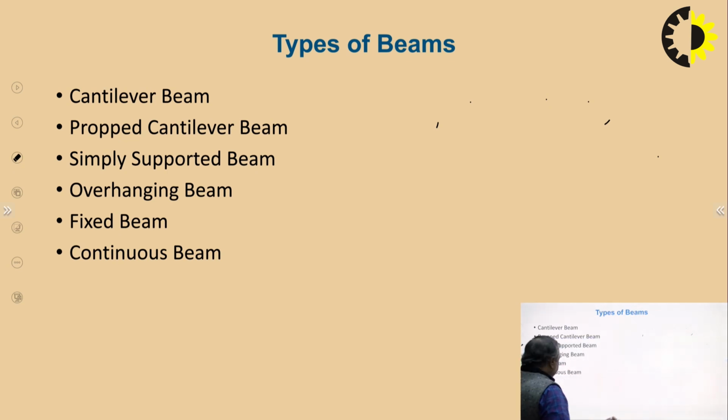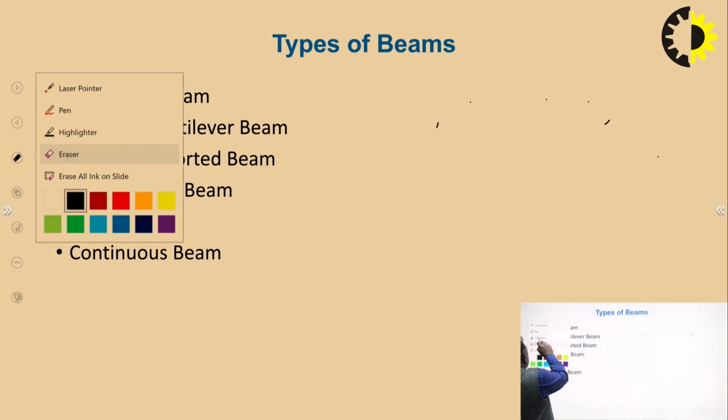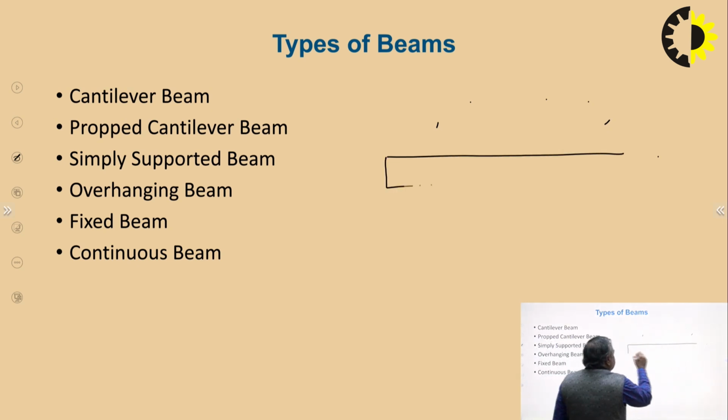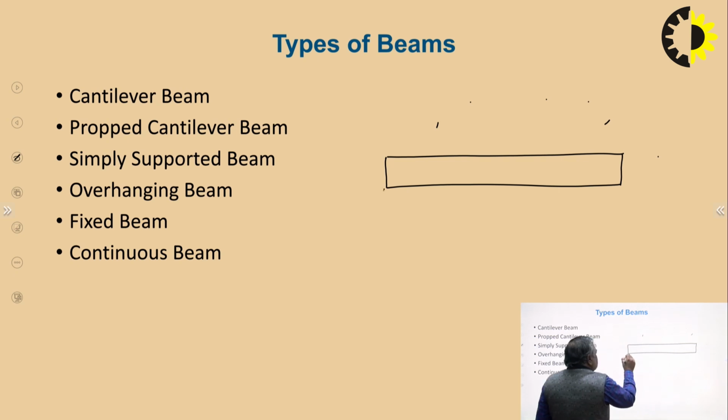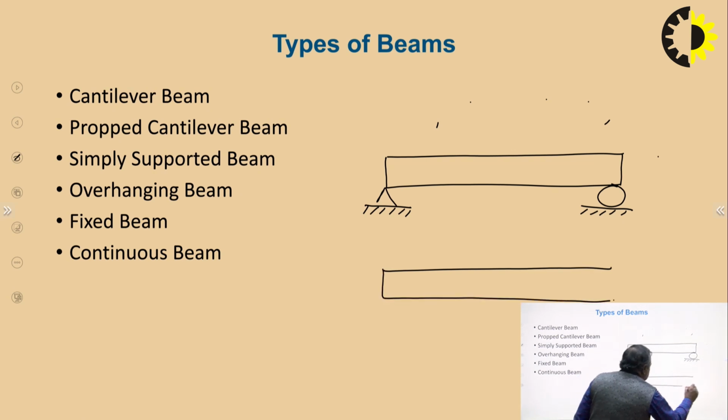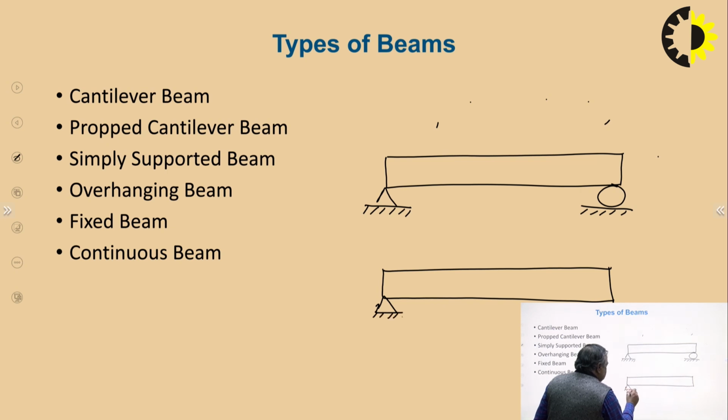This is a beam. This is having a hinge support, and here it is a roller support. We can show this like this. This is hinge support and this is roller support. Both are equal.